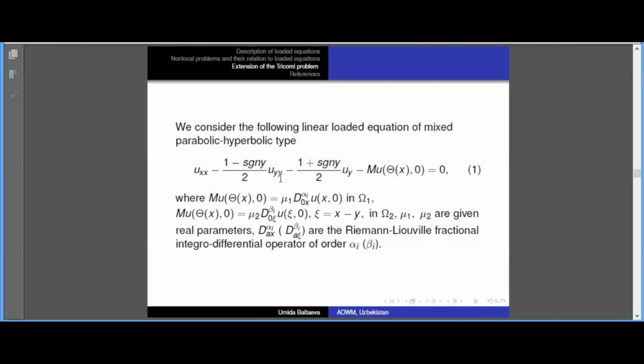And the loaded part includes this integro-differential operator in the sense of Riemann-Liouville. This is the fractional operator: alpha greater than 0 is the integral form, less than 0 is the integro-differential form, and equal to 0 it is a very simple form, equal to u(x,0), only this one.